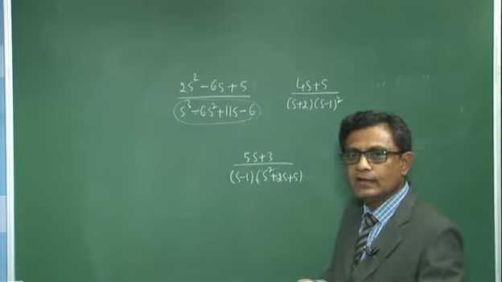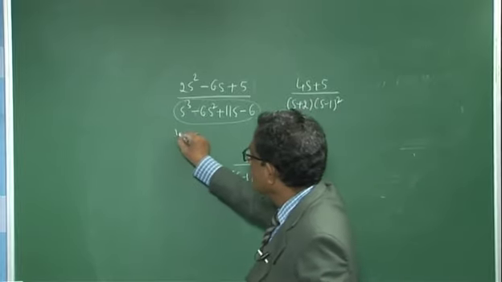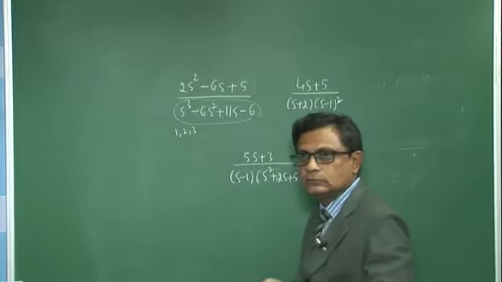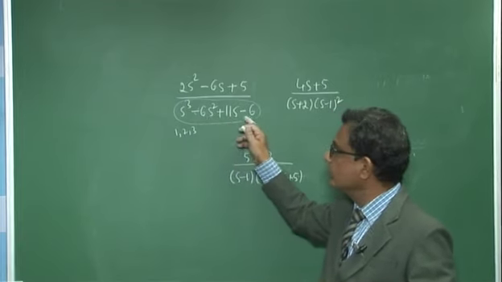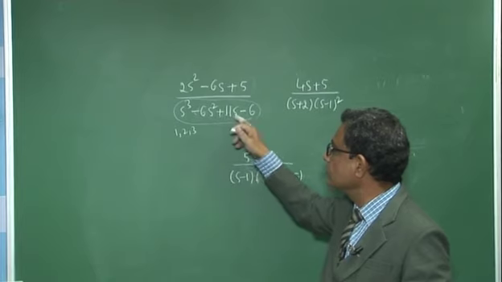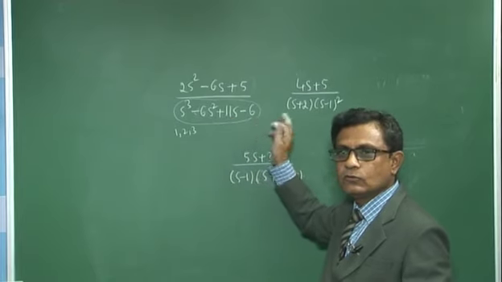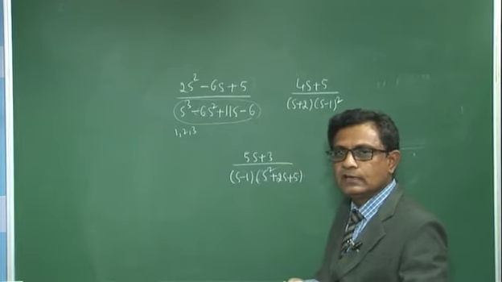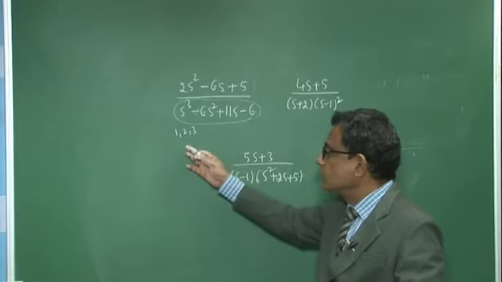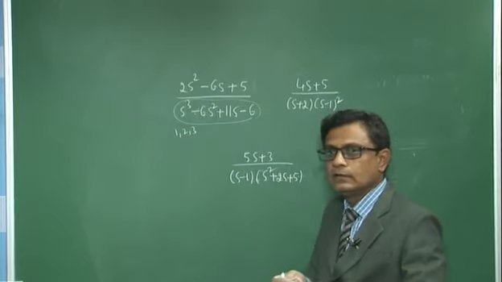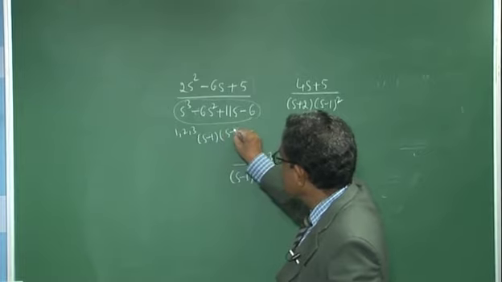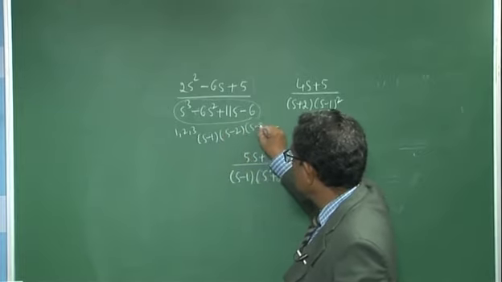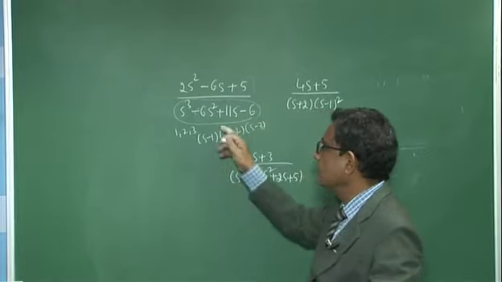Just by using the calculator, you will get the 3 roots for the cubic equation s cube minus 6s square plus 11s minus 6 equal to 0. Naturally 3 roots, and by using the calculator you will get 1, 2, 3. So we can write it as (s minus 1)(s minus 2)(s minus 3), a product of linear factors.